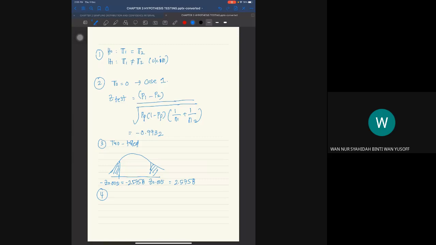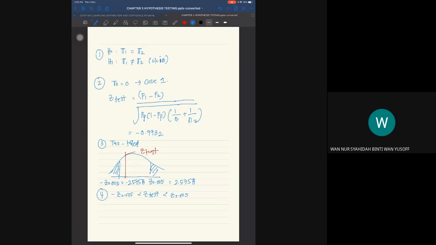Right? In between the critical values, somewhere here. So when you write the comparison, it is compulsory to state both sides. So that means negative 2.5758 less than the Z test, and the Z test less than positive 2.5758. Compulsory to state.